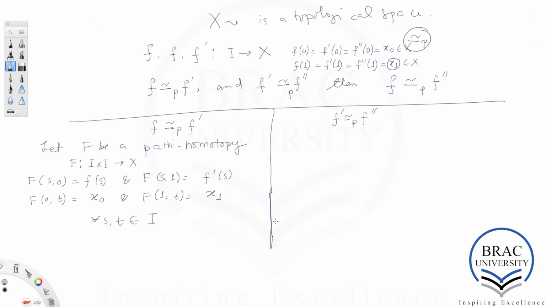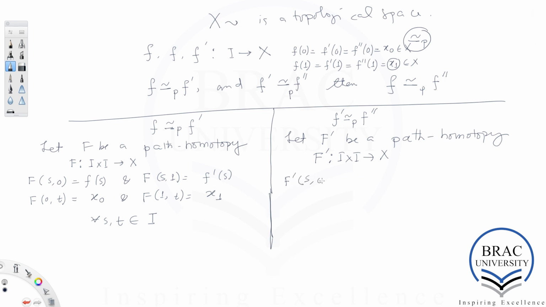Okay, so now for this situation where f prime is path homotopic to f double prime, let big F prime be a path homotopy between these two paths, which means that big F prime is a continuous map from I cross I to X, such that following four equalities are satisfied.